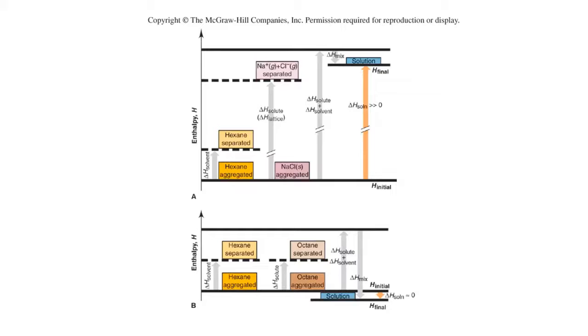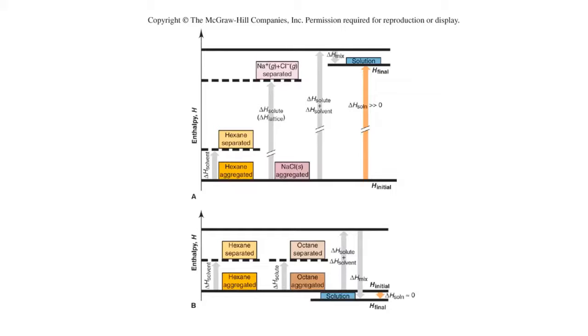All right, and then okay, so that is our solvent. And so since the dispersion forces are weaker, there's not a lot of energy to separate the hexane. So we see a very small arrow here to separate the hexane.